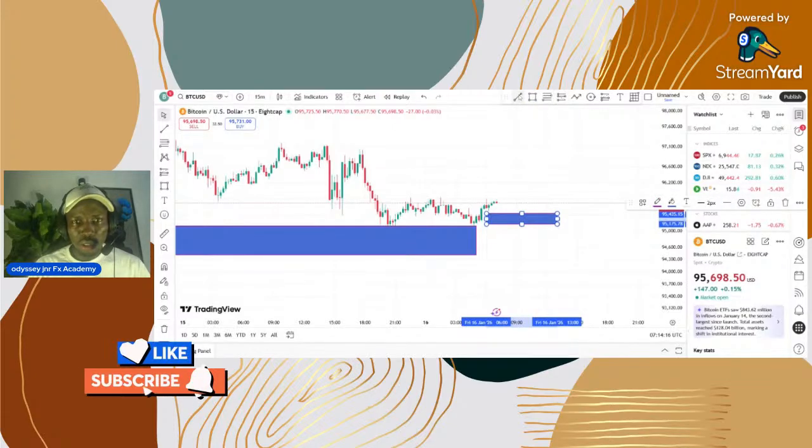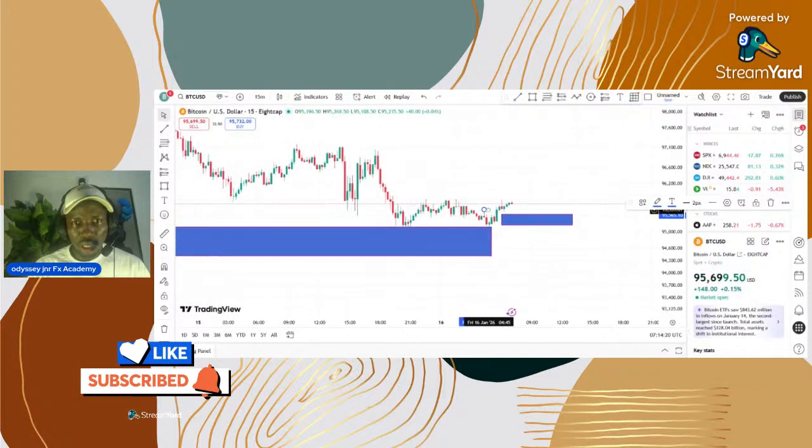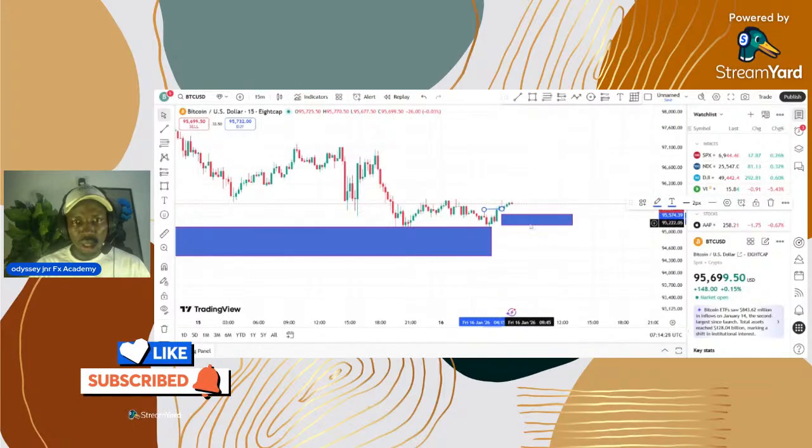Is there any break of structure here? Yes, there is a break of structure here. Since this market is already moving, this is the order block that leads to this break of structure.